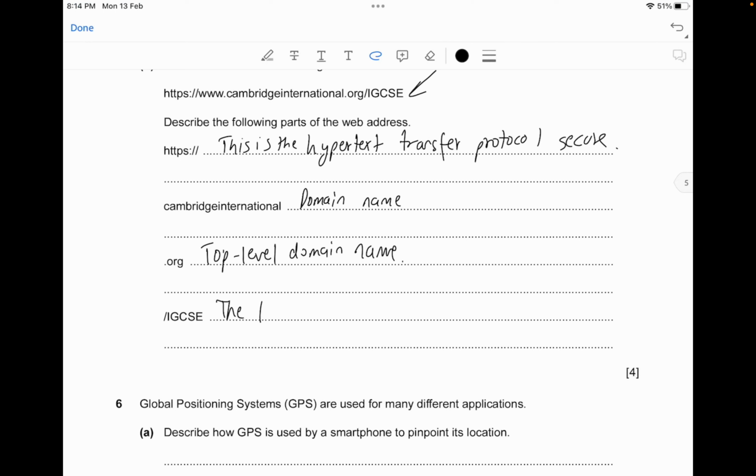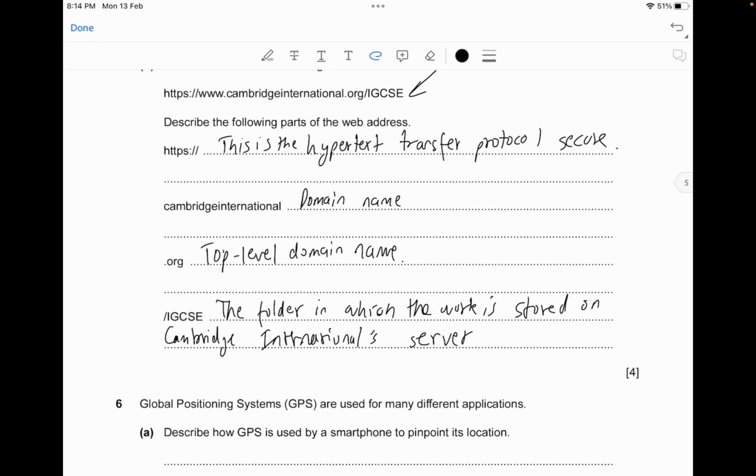You can mention that this is the folder in which the work is stored on Cambridge International's server. All right. Okay.